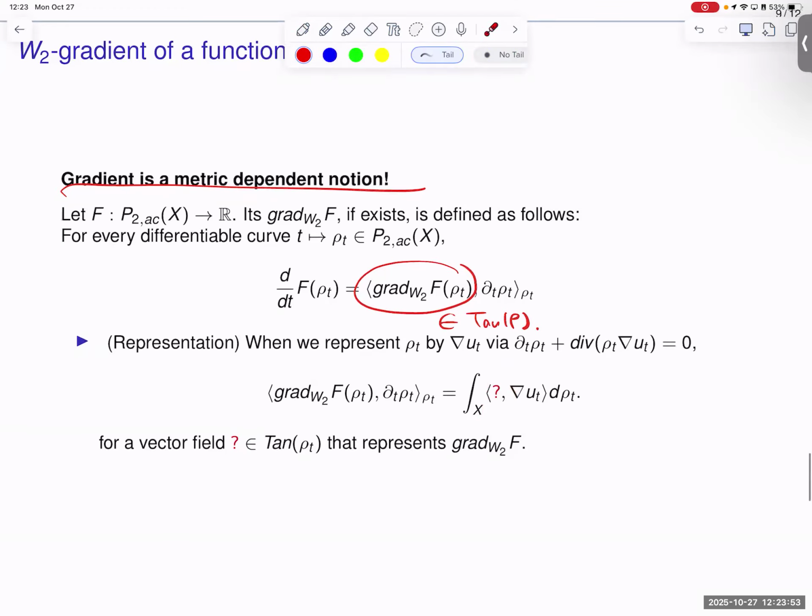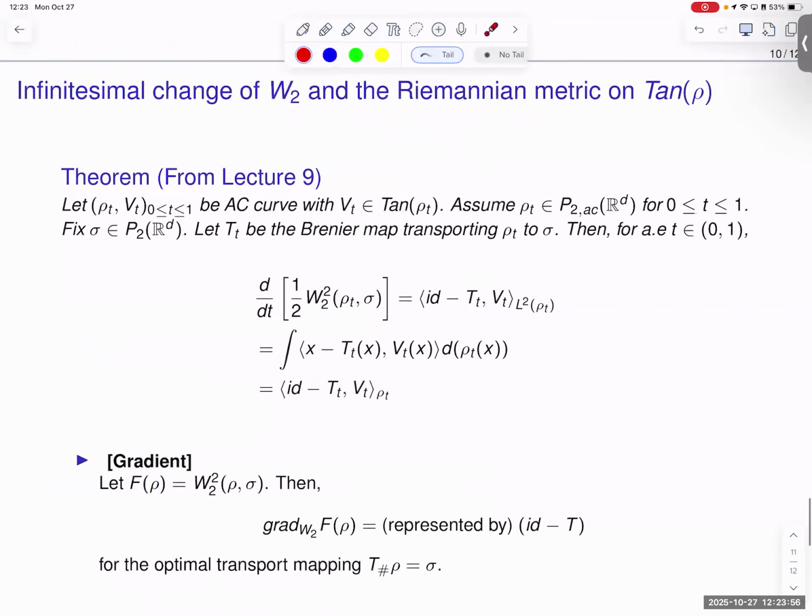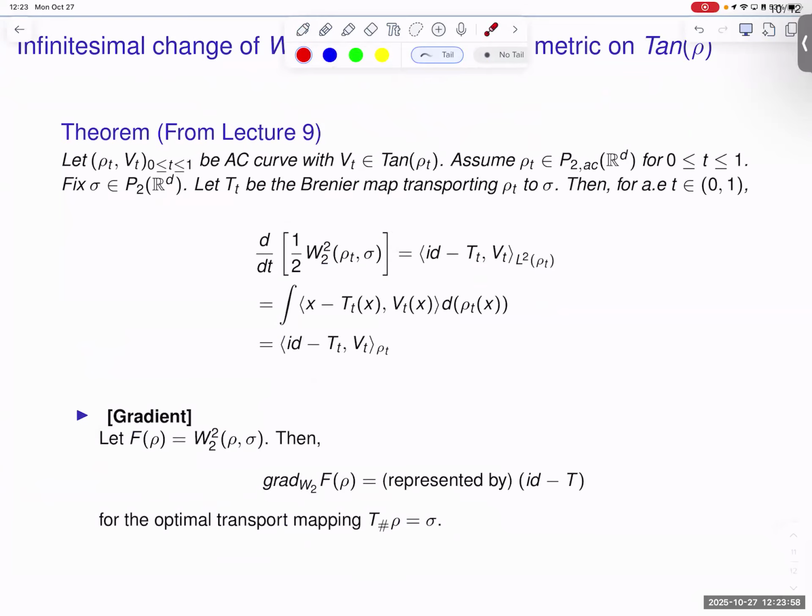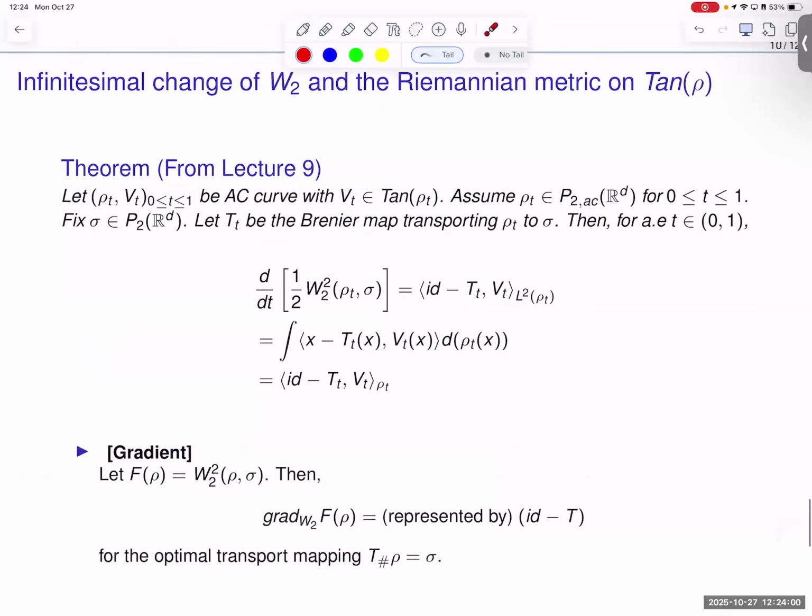Let me just do one more thing here. For example, you can consider the Wasserstein distance between sigma and rho.